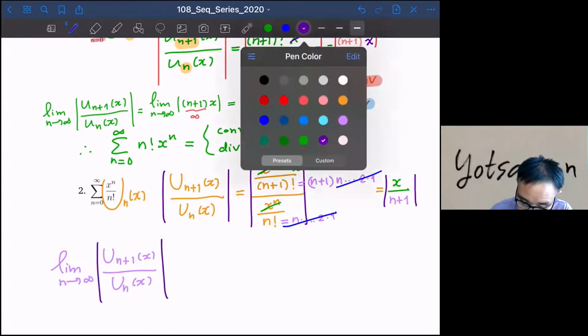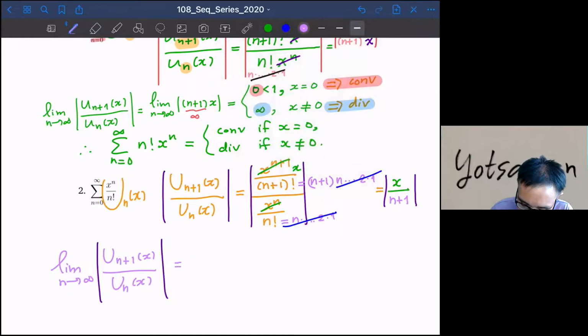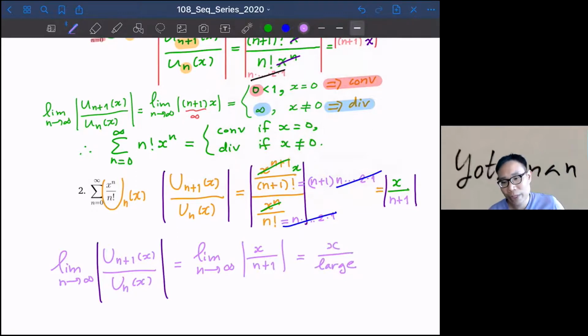So this guy will be equal to the limit as n goes to infinity of absolute value of x over n plus 1. So you see that it's going to turn out to be x over something large, and it's going to turn out to be always equal to 0. And this guy is smaller than 1.